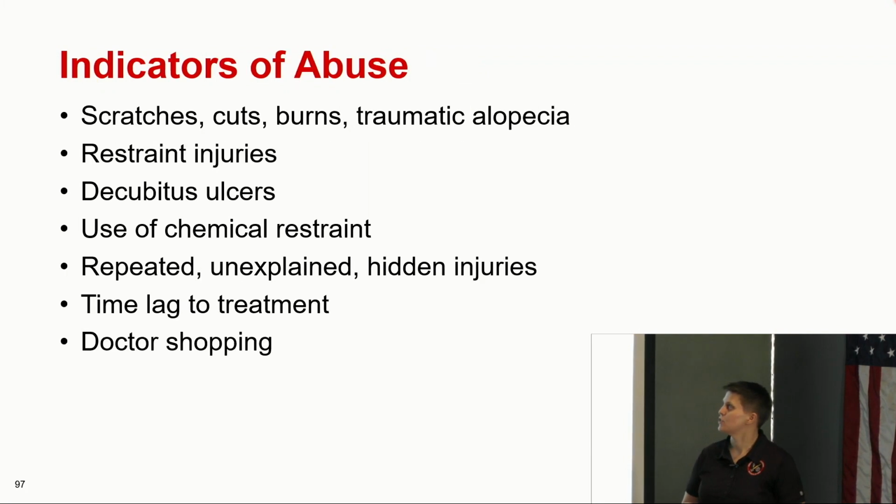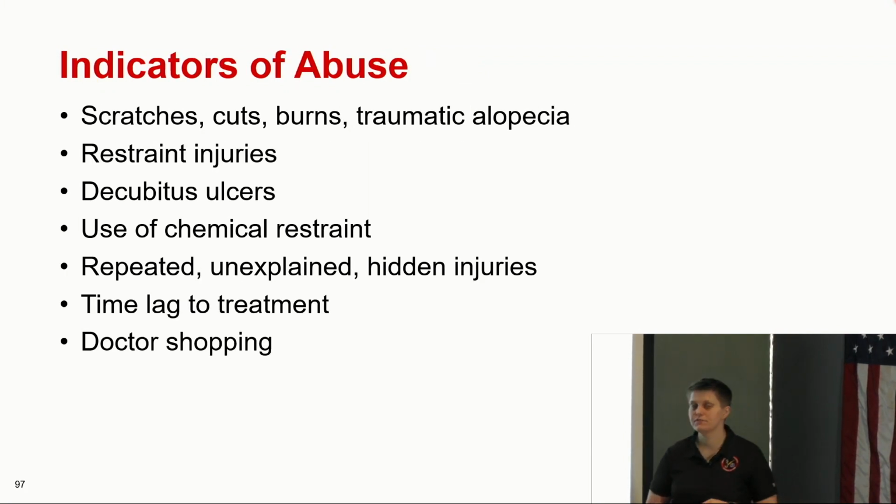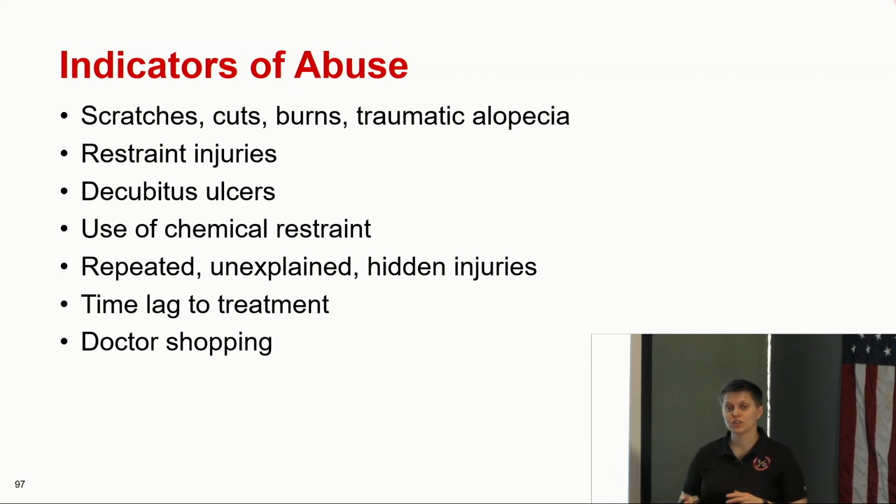non-accidental injuries and trauma. Some of the indicators that you may see on your exam or assessment of an elderly patient that might indicate abuse would be scratches, cuts, burns, or traumatic alopecia, which is where hair has been torn off. Restraint injuries, right? So patterned injuries or bruises around the wrists or the legs.